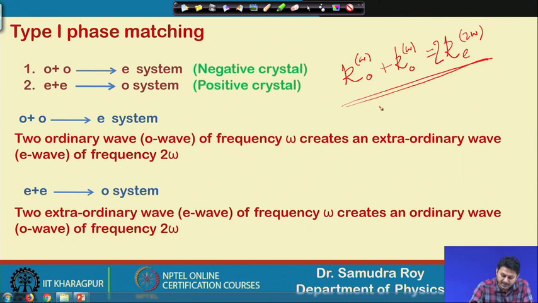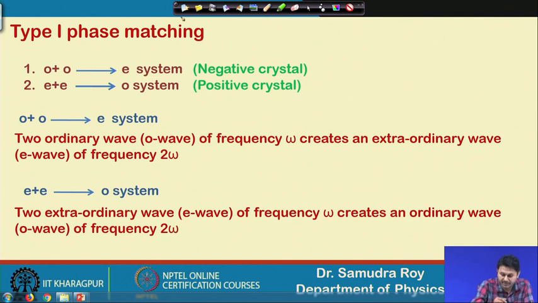Now, if I write 2 k ordinary omega is equal to... let me write it once again, I will do that later. So, two ordinary waves of omega merge to generate one extraordinary wave. This is one structure.